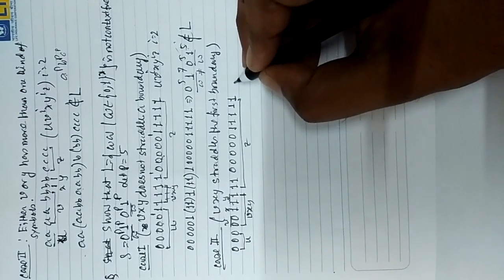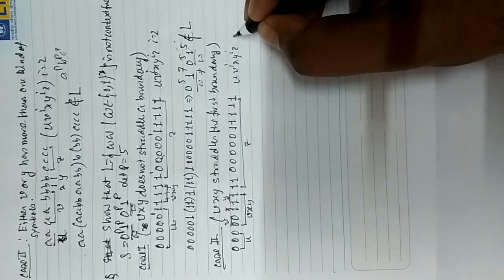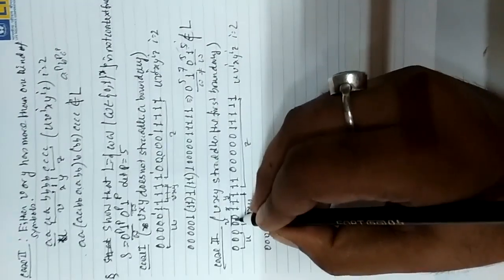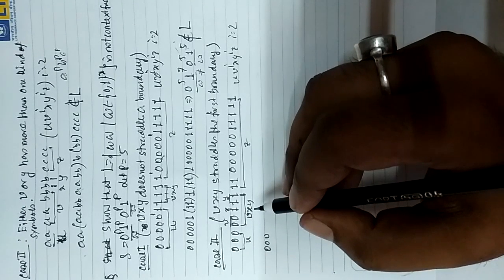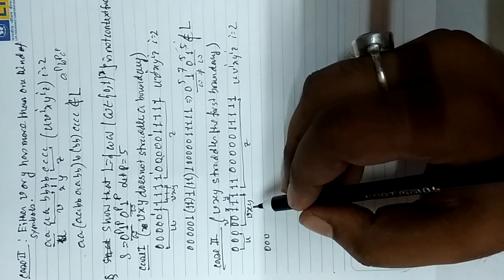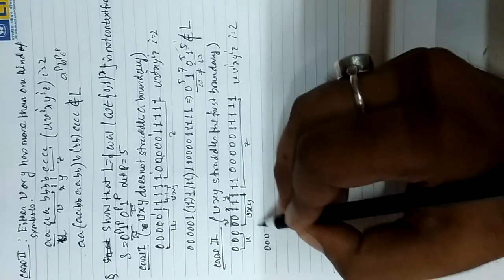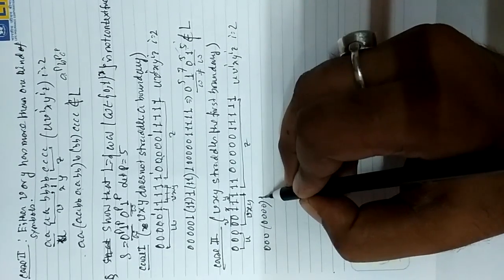Again apply U V to the power I, X Y to the power I, Z, I is equal to 2. So you pump it, and what you get is 0 0 0 0 followed by only X, that is 1.